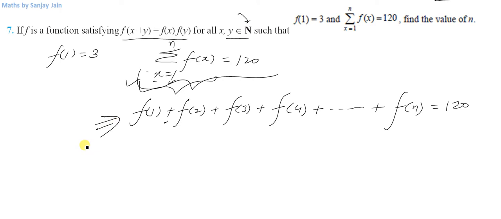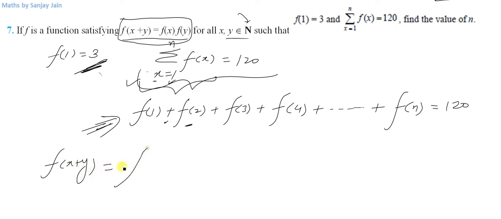Okay. So f of 1 I am already given, and I need to find value of n. Okay. So I need to find number of terms here. F of 1 is given. What about f of 2? How can I find that? Let me use this relation. F of x plus y, you see, is equal to f of x into f of y.